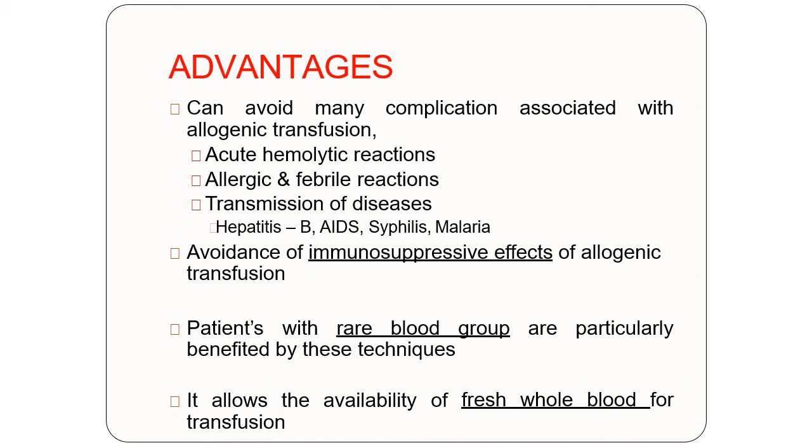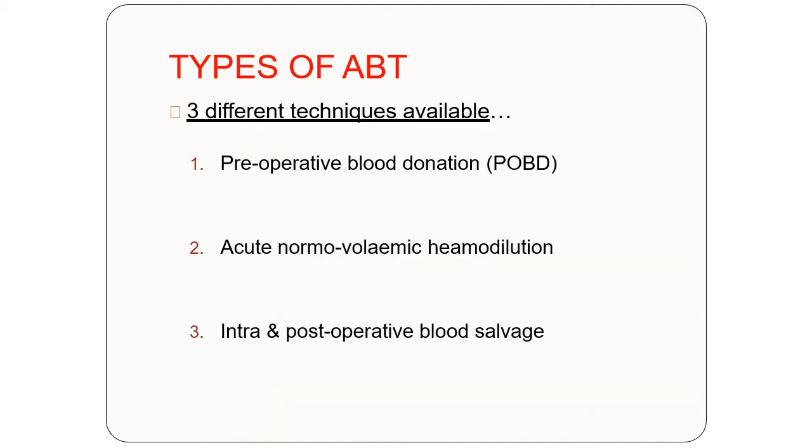For example, for a Bombay blood group patient, there are very few Bombay blood group donors, right? So in those cases, autologous blood transfusion can help. Also, it allows the availability of fresh whole blood for transfusion. There are mainly three different techniques: preoperative blood donation, acute normovolemic hemodilution, and intra and postoperative blood salvage. We'll be seeing them one by one.